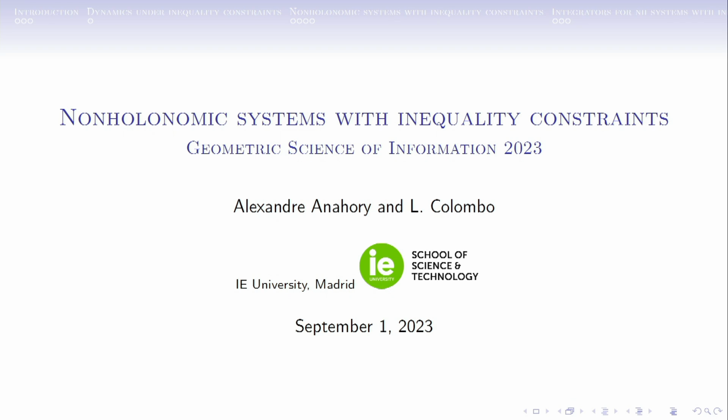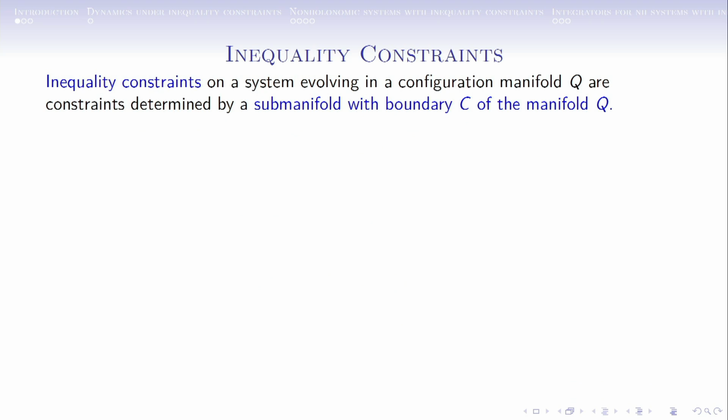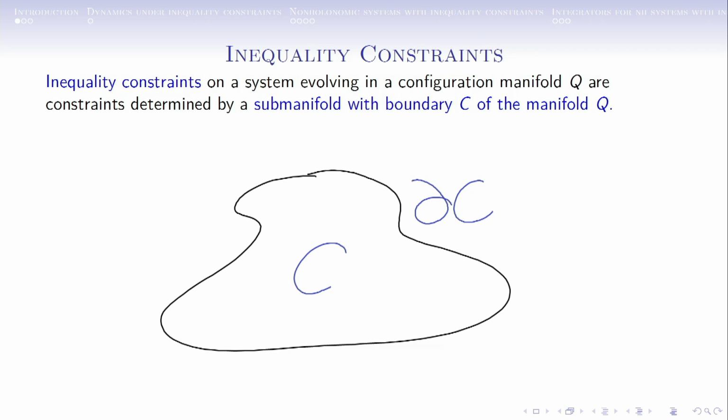Now is the part in which I will actually talk about non-holonomic constraints, but we'll start by addressing one of the problems that we have with walking robots, which is impacts. Inequality constraints are a type of constraint in which your system is allowed to move in the interior of some open submanifold, but then you have a boundary submanifold that your system cannot surpass.